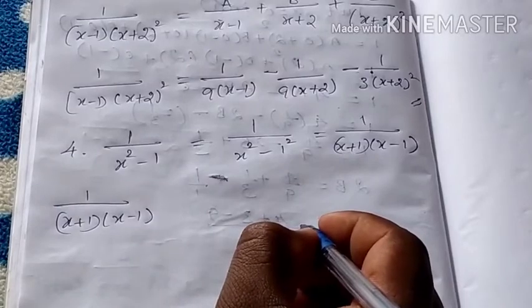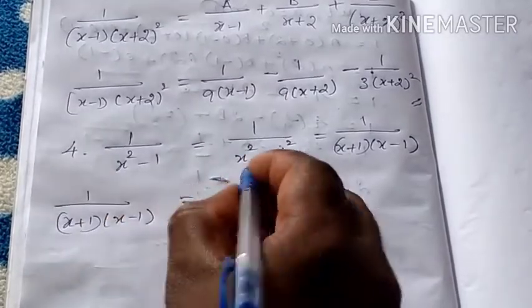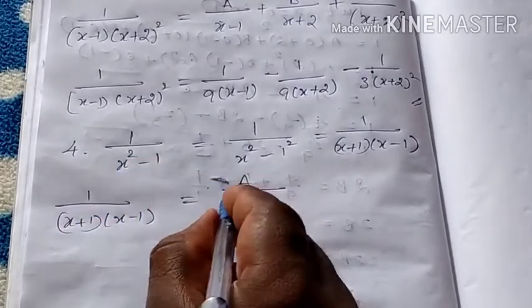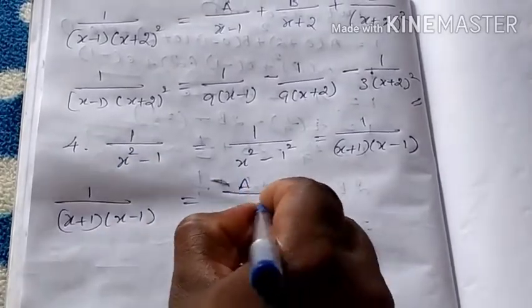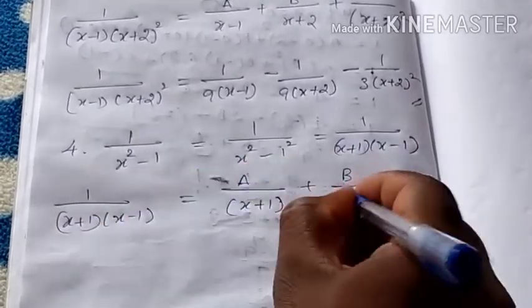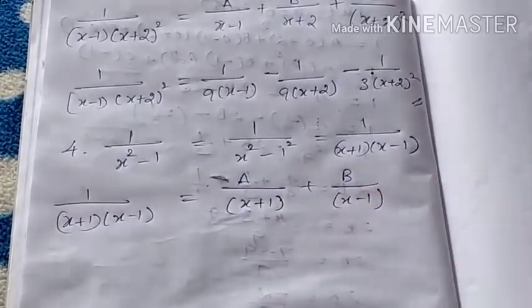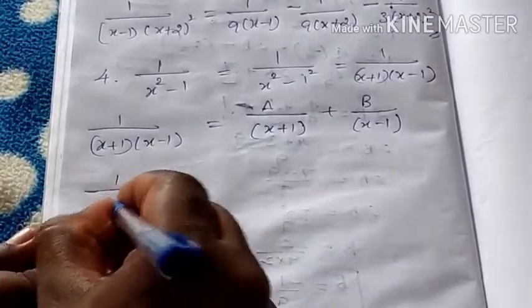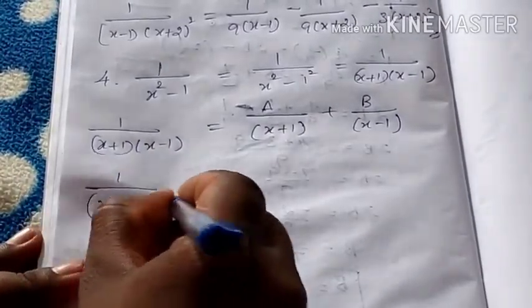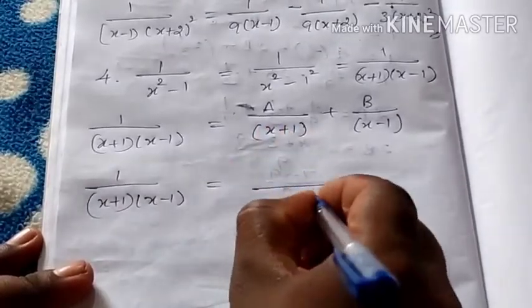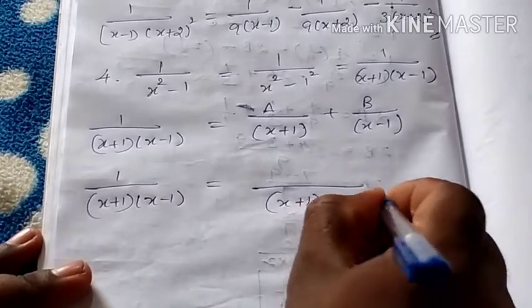Okay, what is your first step? Introducing the constant a divided by, because the quadratic equation, so a divided by x plus 1 plus b divided by x minus 1. Okay, then 1 divided by x plus 1 into x minus 1 divided by, making the LCM, x plus 1 into x minus 1.